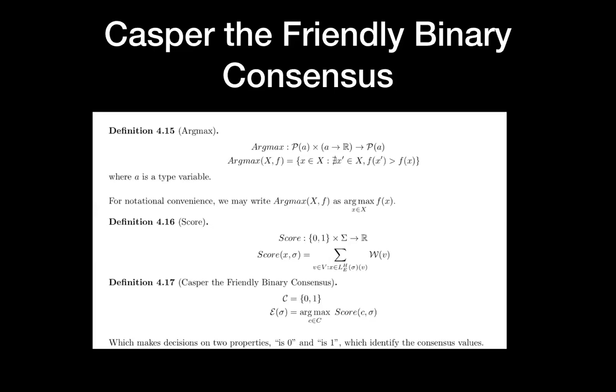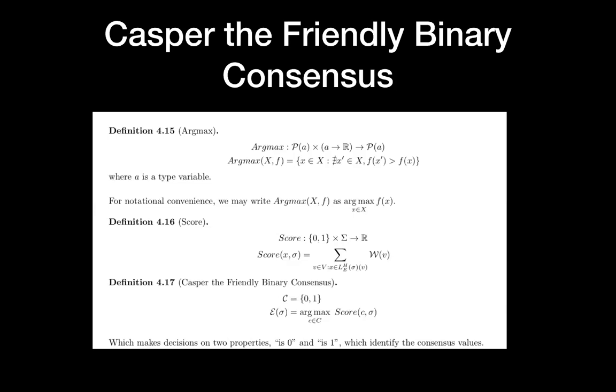Okay, so let's go to, using the knowledge we gathered right now, which is not much, a consensus protocol, and we'll start with a binary Casper. So this is pretty much what we've done in the previous sessions.